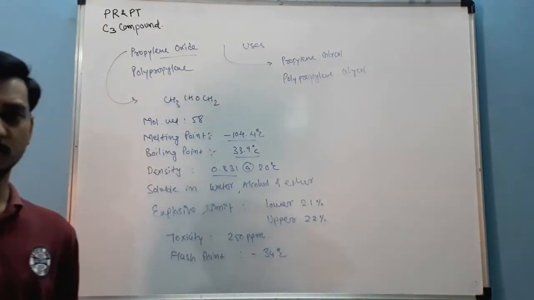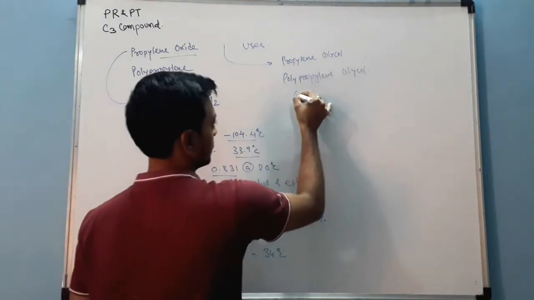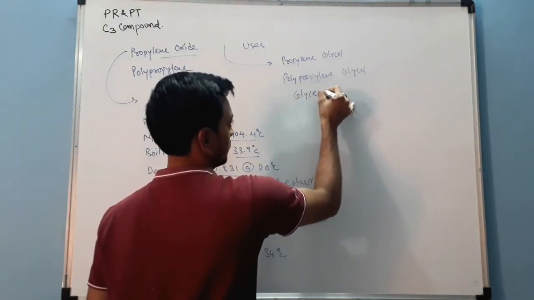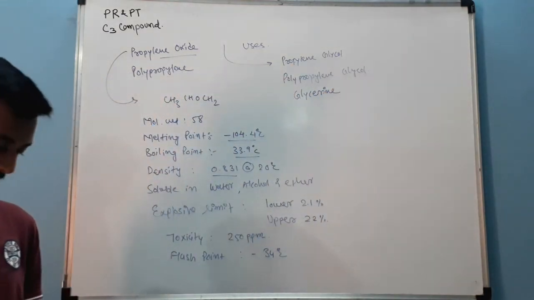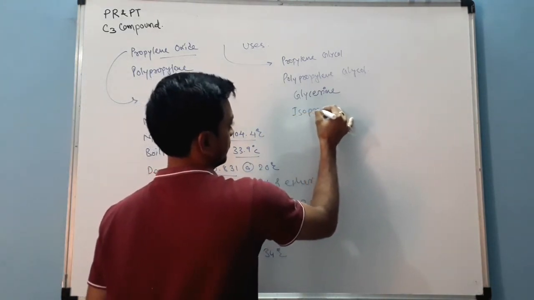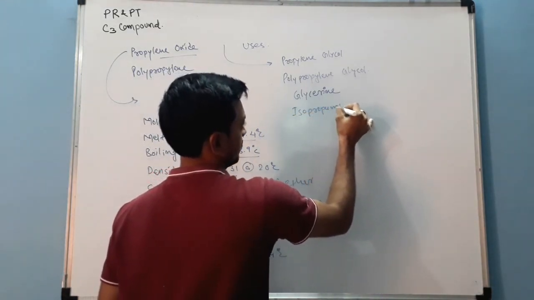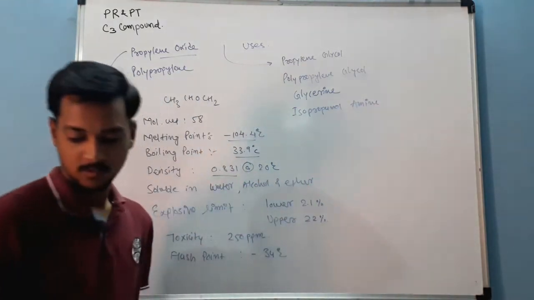It is used for the manufacturing of glycerin, and it is used for the manufacturing of isopropanolamine. Okay.